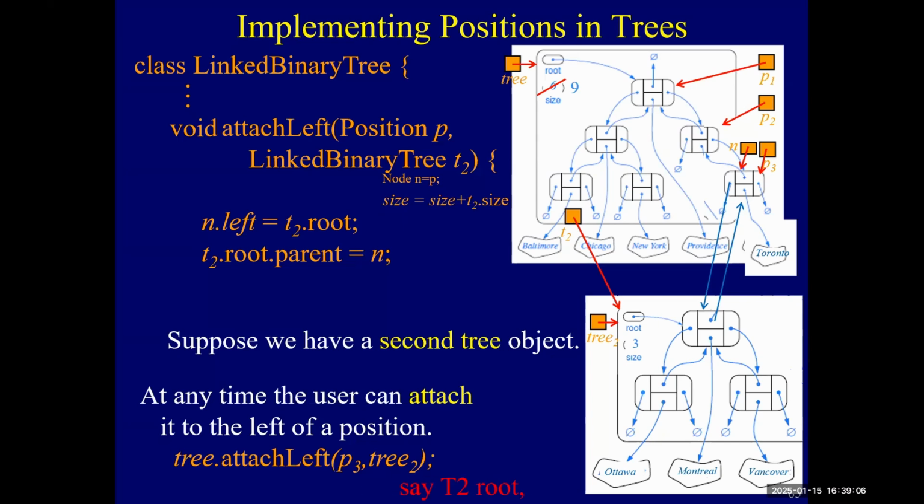So when you say T2 dot root, you get that box up there. What type is it? It's type pointer to node. And who is it pointing at? That node. So T2 dot root is this node. And when you have a node, one of its fields is parent.